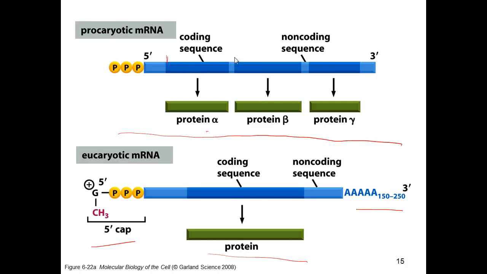Ribosomes will bind here, here, and here, and they'll make multiple proteins from a single mRNA transcript. These proteins are almost always functionally related. Like in this example, it might be 3 proteins all involved in a particular type of amino acid synthesis. This is often referred to as mRNAs in bacteria being polycistronic.